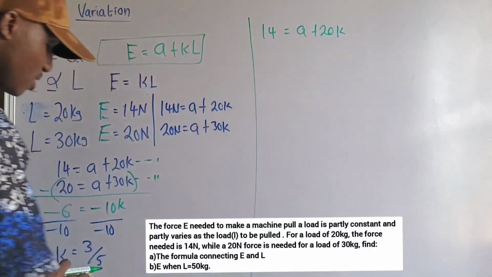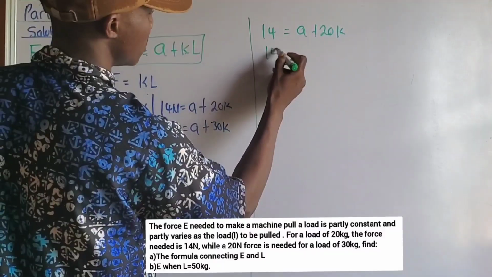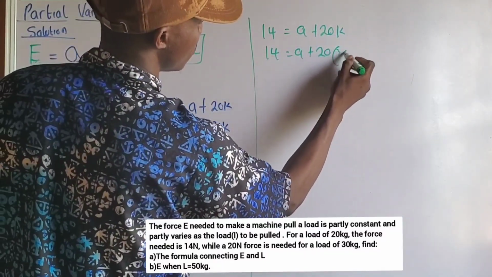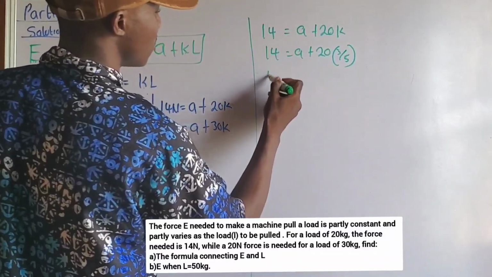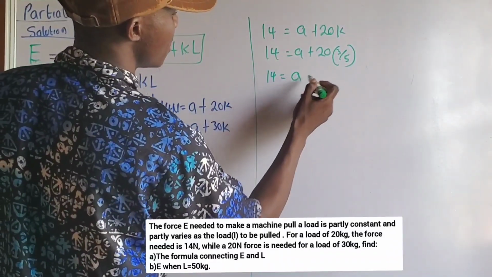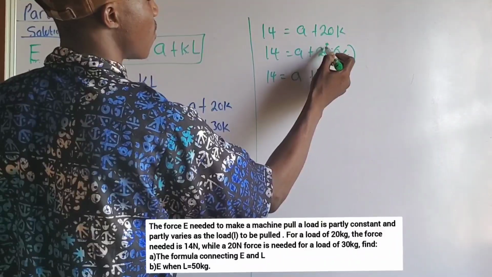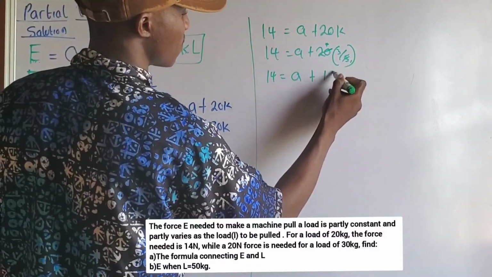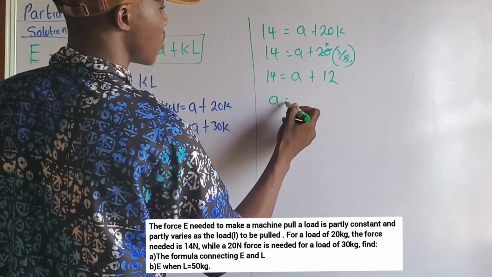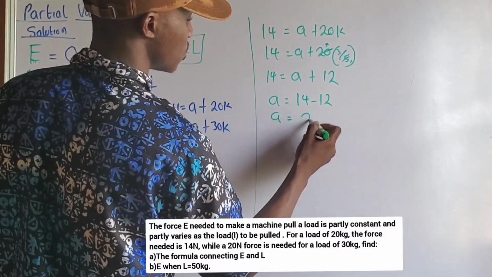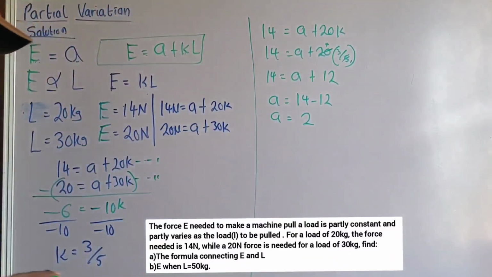Now, when K is 3 over 5, I'm going to have 14 equals A plus 20 multiplied by 3 over 5. Do you understand? Okay. 14 equals A plus, now 5 divided by 5 here, 4. 4 times 3 is 12. So I'm going to have A plus 12. So A equals 14 minus 12, which is A equals what? 2. Okay. So the value of K is 3 over 5, while the value of A is 2.